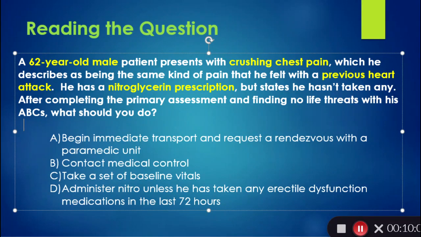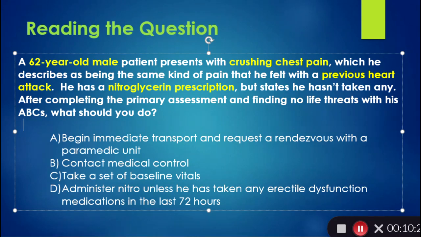B, contact medical control. He's got nitroglycerin. That definitely may help him in the situation he's in, and I do need to contact medical control to give that. So contacting, that's also a good option.